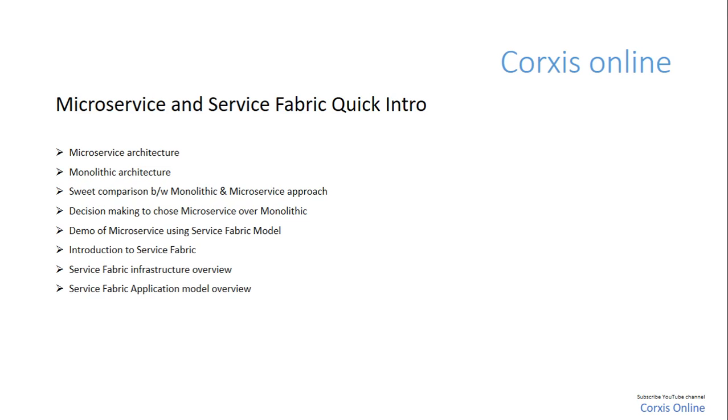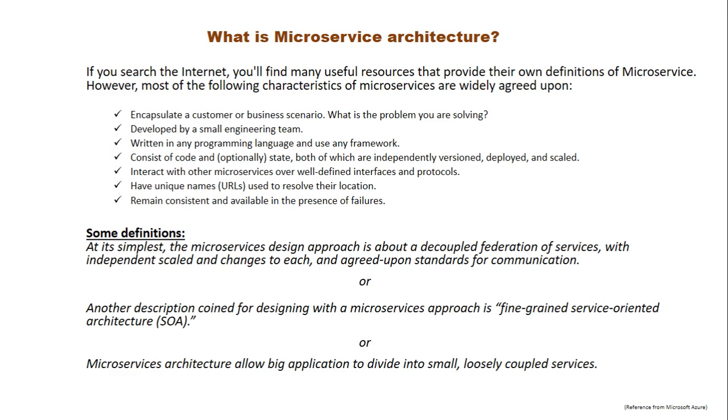So let's jump into the first slide. What is the microservice architecture? There's no official definition provided anywhere for microservices, but there are some definitions I found. Number one, at its simplest, the microservice design approach is about a decoupled federation of services with independent scale and change to each, and an agreed upon standard for communication.